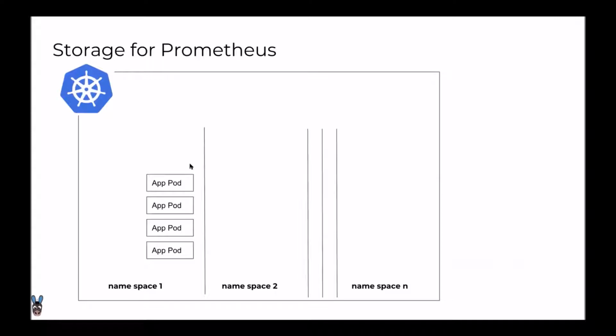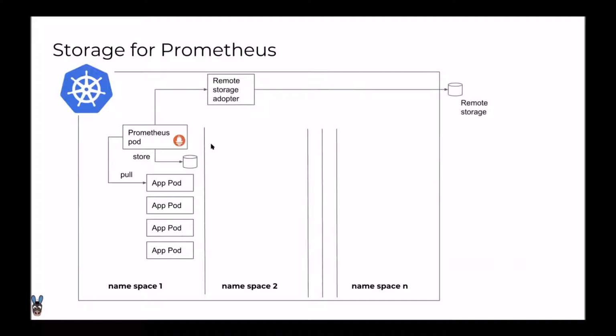Prometheus runs on a pull model. So Prometheus servers are deployed inside the cluster, and Prometheus is going to pull the metrics from each application pod, scrape them, and store them in storage, whether it could be local or it could be a remote storage.